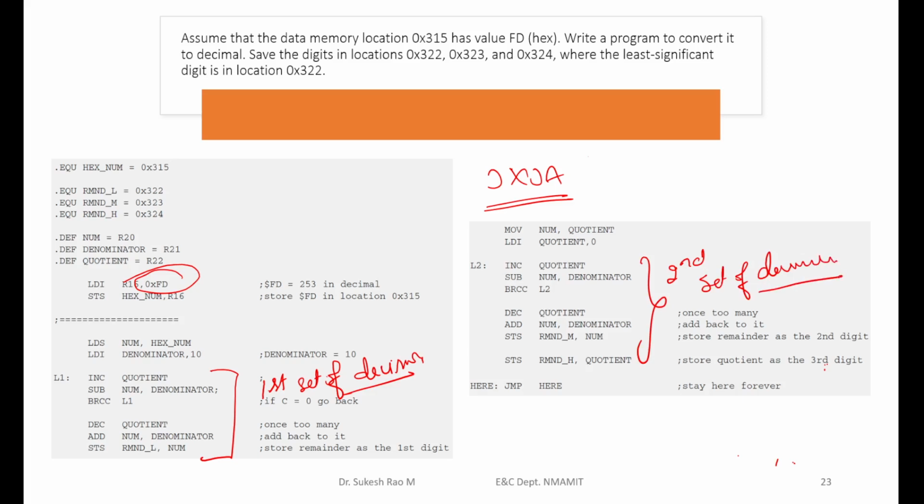I'm going to perform the second set of the division. So I'll get my final answer in this quotient and remainder, along with this remainder what I get here. So that's how this result is going to come. Probably I'm going to simulate this in the lab exercise, this particular division program. So it will be very clear; the same program we will actually execute in the lab.